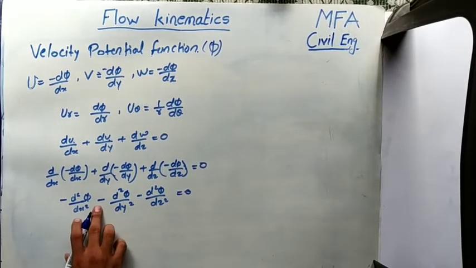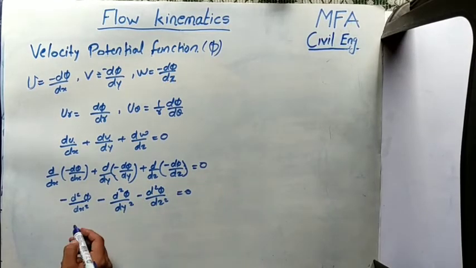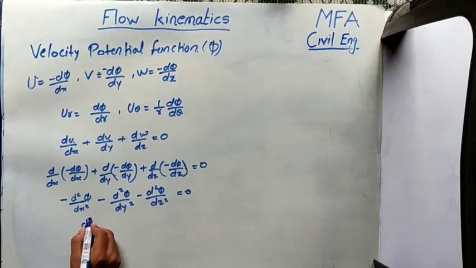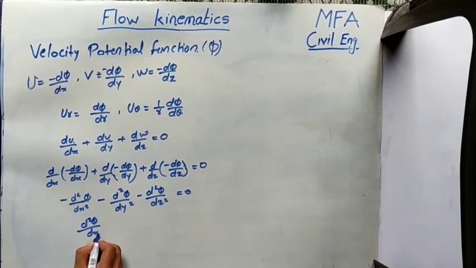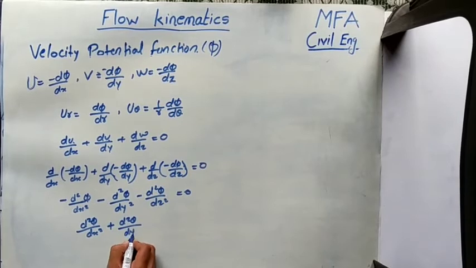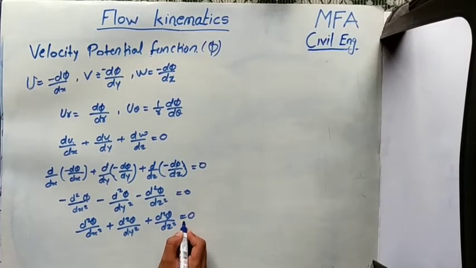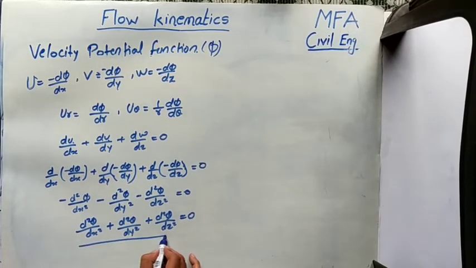Now taking minus common and shifting this to the other side of the equal sign, it becomes d2 phi by dx square plus d2 phi by dy square plus d2 phi by dz square, which is equal to 0. This equation is called the Laplace equation.